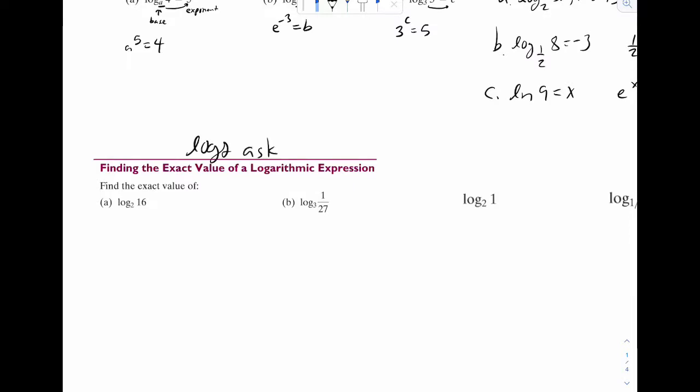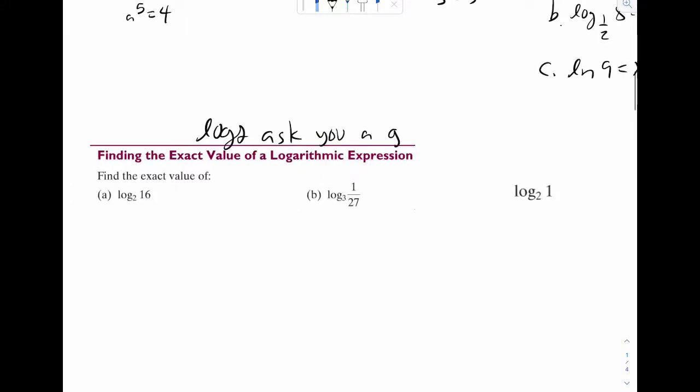Logs ask you a question. So really highlight that. Logs ask you a question.